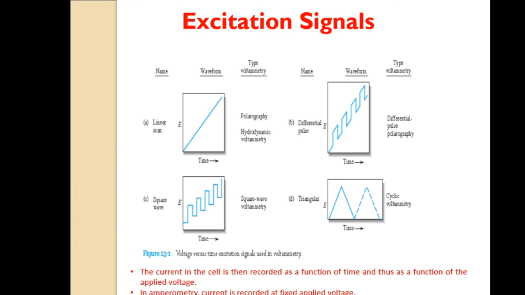This is normally observed in cyclic voltammetry: the voltage first starts at one point, goes to the other end, and comes back to the original voltage position, so this triangular shape is obtained. So these are the excitation signals.